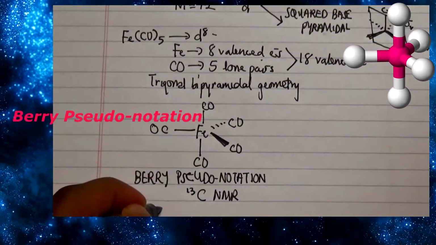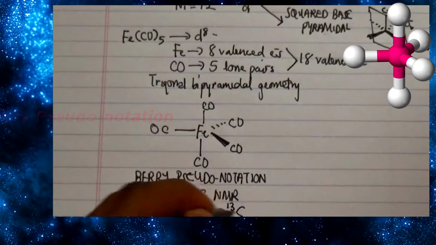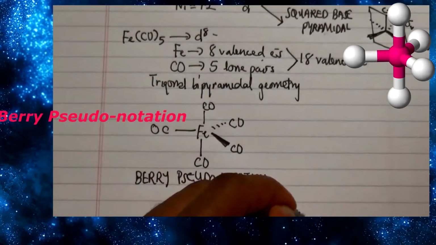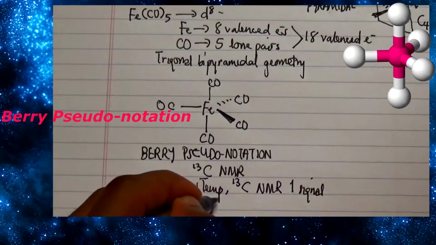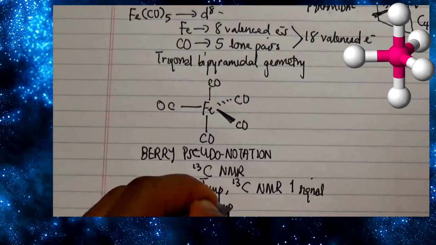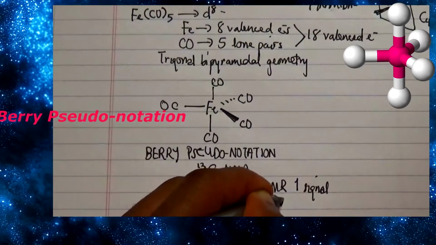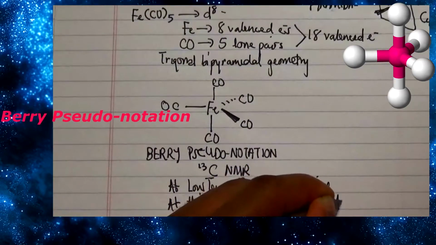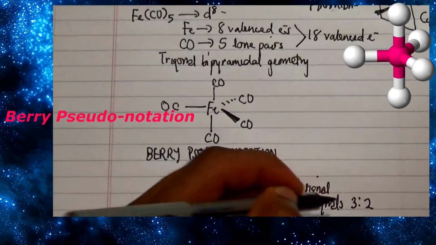Therefore, at low temperature, the C13 NMR does reveal one signal. However, at high temperature, the C13 NMR spectrum shows two signals, and these two signals are in a 3:2 ratio.